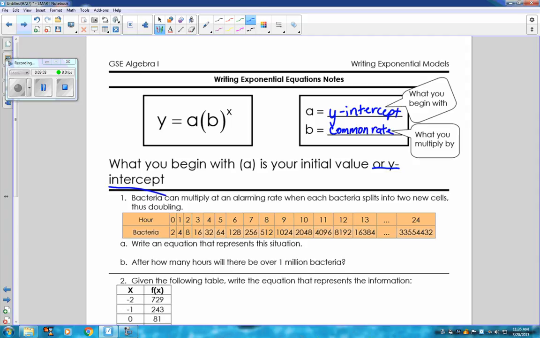The reason why A is our y-intercept is because if I have a y-intercept, what is the x value of a y-intercept? If I have an ordered pair and I tell you that this ordered pair is a y-intercept, what does x have to be?